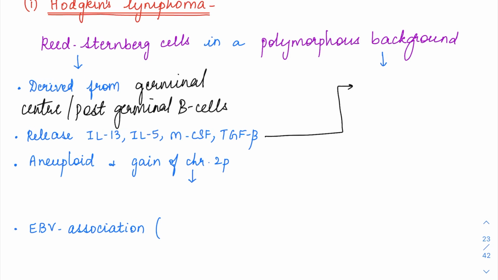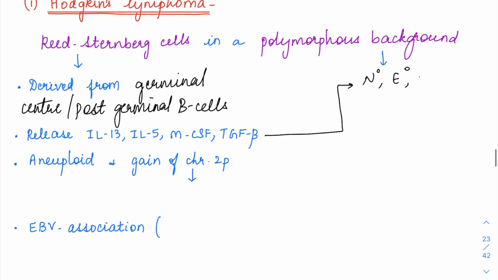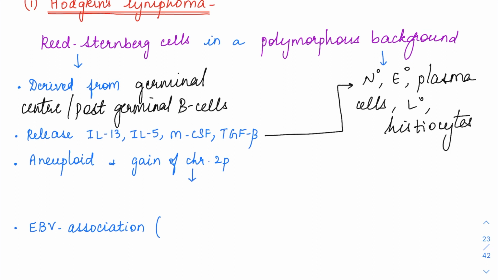So the pathogenesis of Hodgkin's lymphoma involves the formation of the Reed-Sternberg cell, which secretes cytokines responsible for recruiting the inflammatory cells that form the polymorphous background. In the polymorphous background, you are going to see all kinds of WBCs: neutrophils, eosinophils, plasma cells, lymphocytes and histiocytes. All of these cells are seen in the background of the Reed-Sternberg cell.